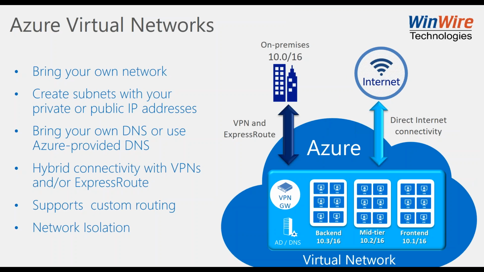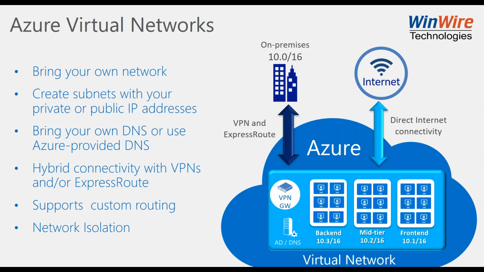What are virtual networks? You're bringing your own network into the data center. There's a little bit of repetitiveness in here with the connectivity, but it assumes that you can create your own subnets, both public and private, and IP addresses. You can bring your own DNS, or you can use Microsoft's DNS.